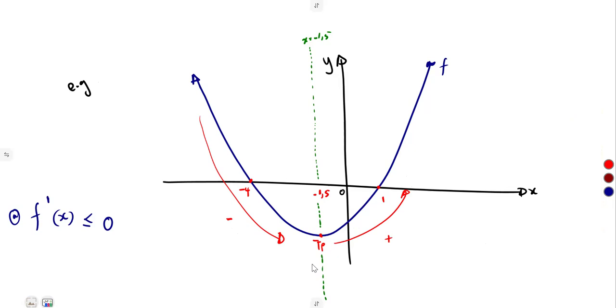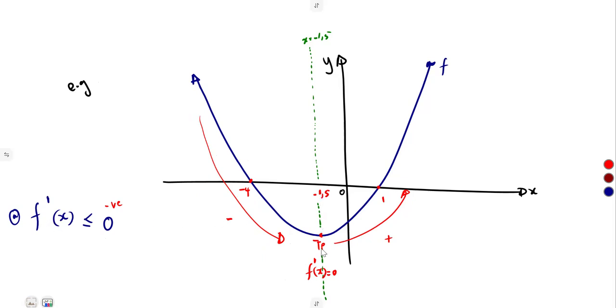At the turning point, the first derivative is equal to 0. Since they said less than or equal to 0, you must also consider the value of x at the turning point. It must also be part of your solution. So which one do we want? Where it is negative. We need this region, where the function is going down, decreasing, so the first derivative is negative.